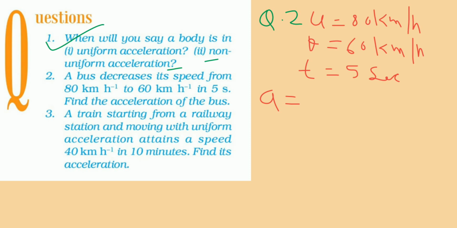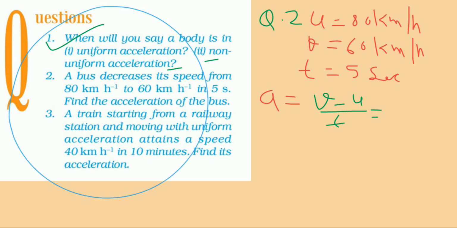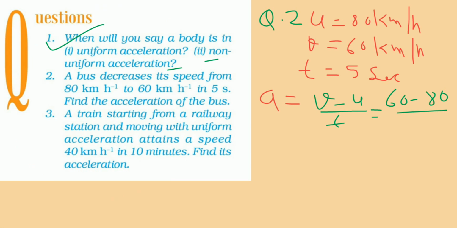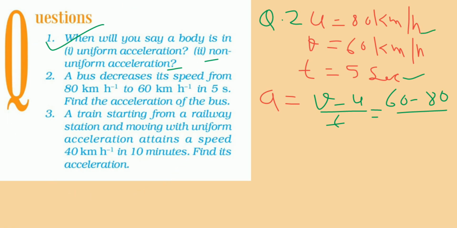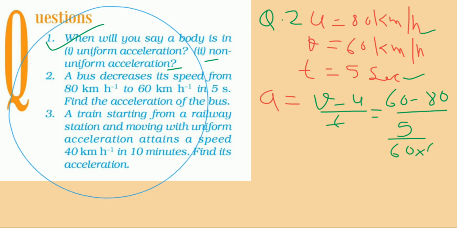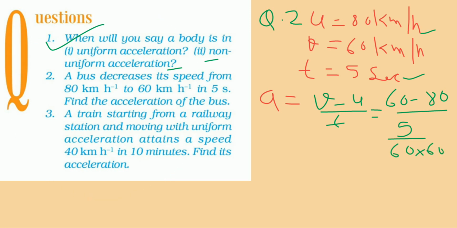Acceleration is V minus U by T, that means 60 minus 80 divided by time. But one thing is a mistake here: the time is in seconds while the speeds are in hours. So can we convert 5 seconds into hours? If we divide 5 by 60, it becomes minutes. If we divide by 60 once more, it becomes hours.